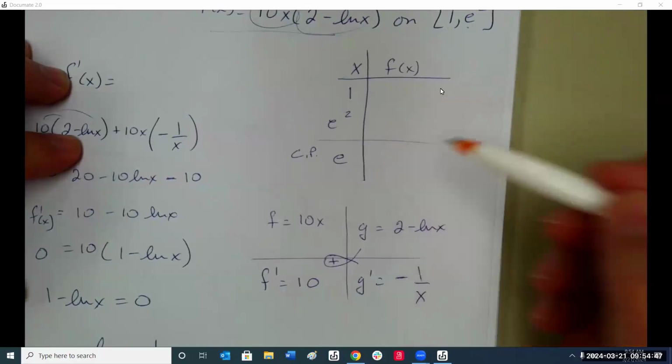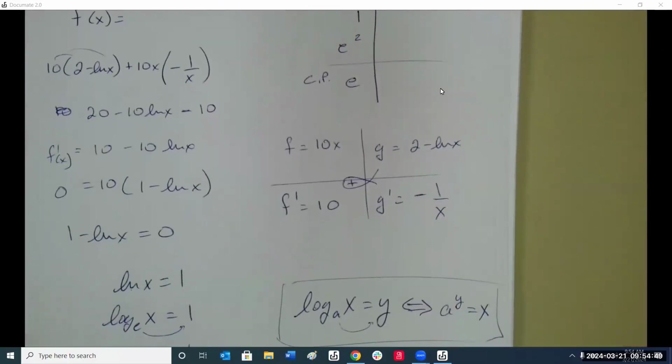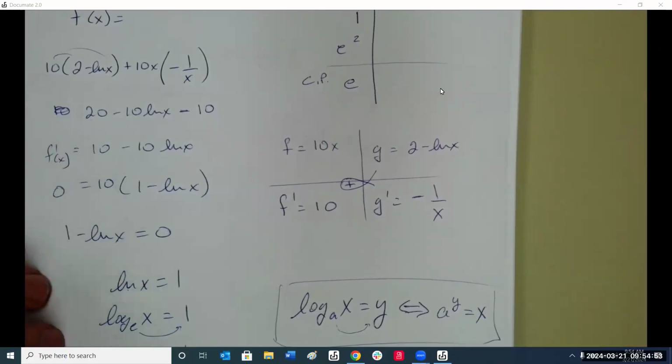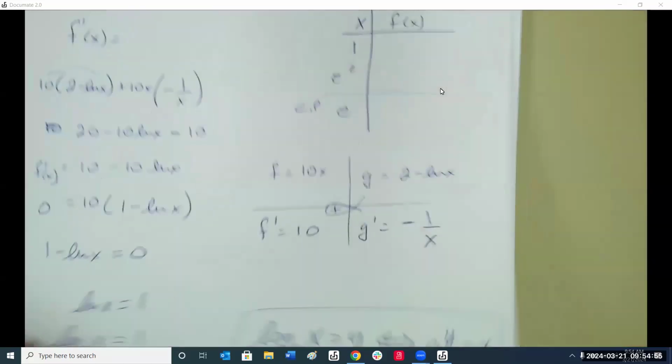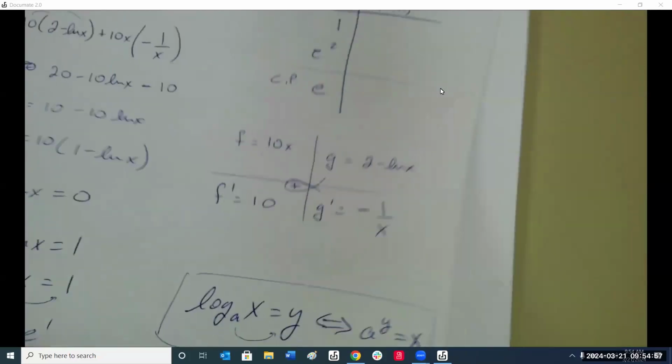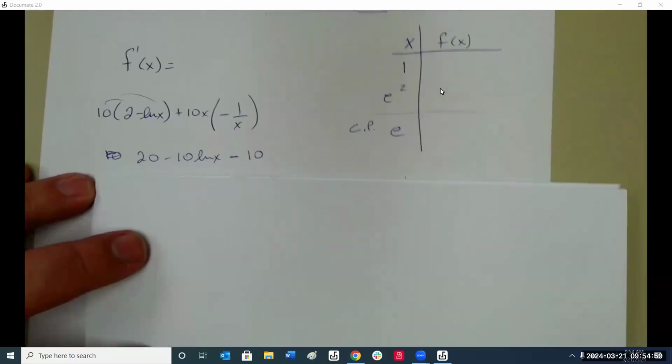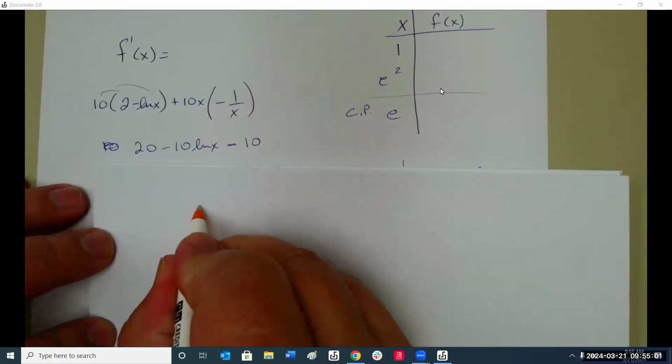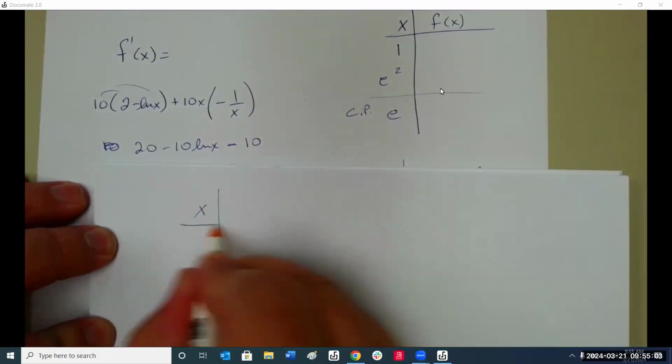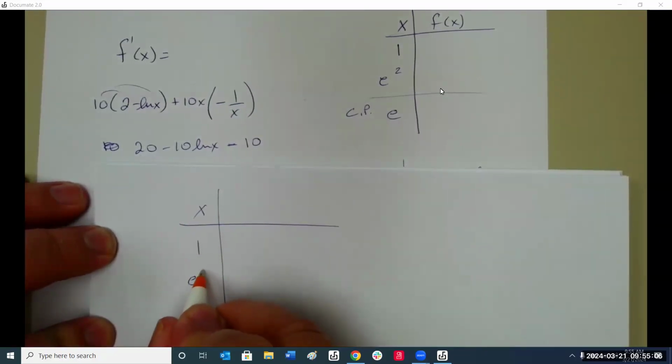We have to try all three of these, and that'll tell us whether we have a maximum, minima, or what. So let's try these: 1, e squared, and e.